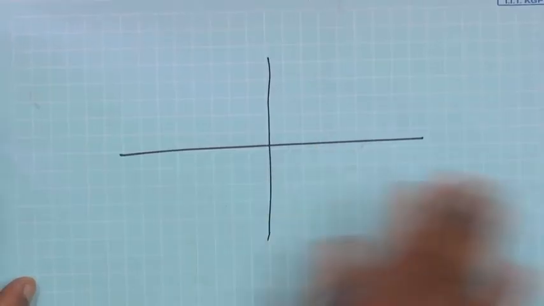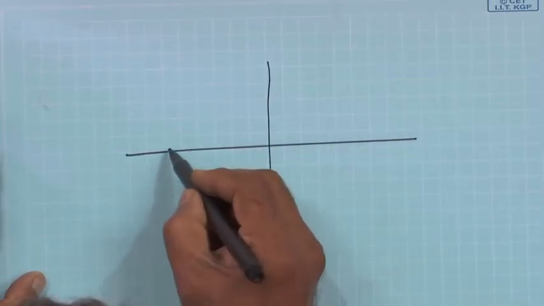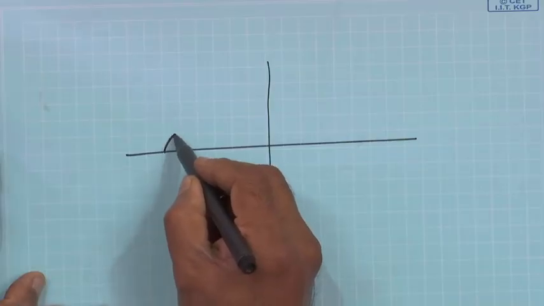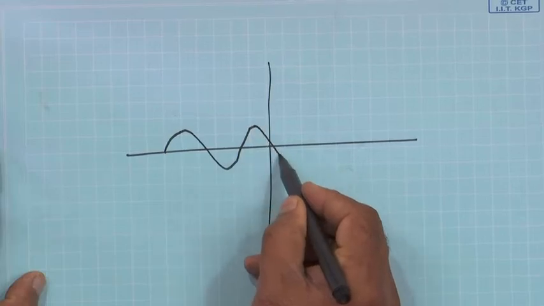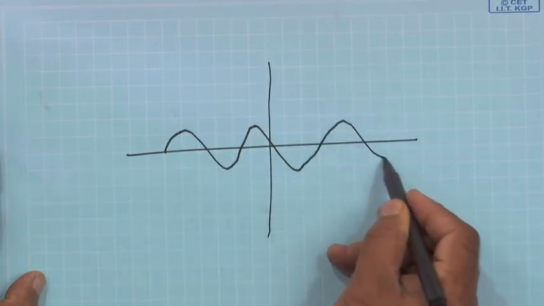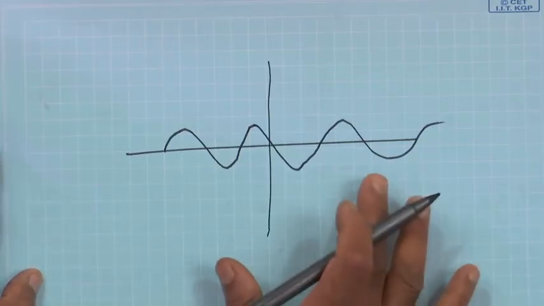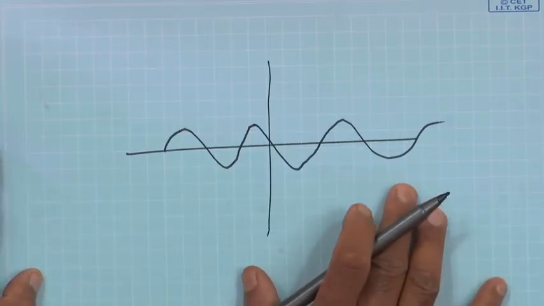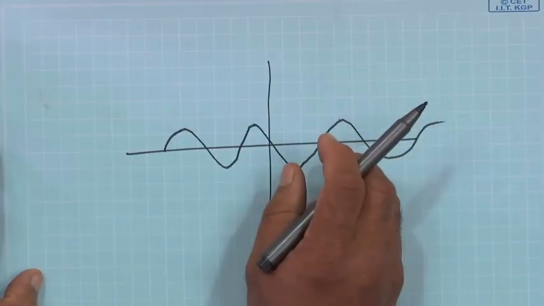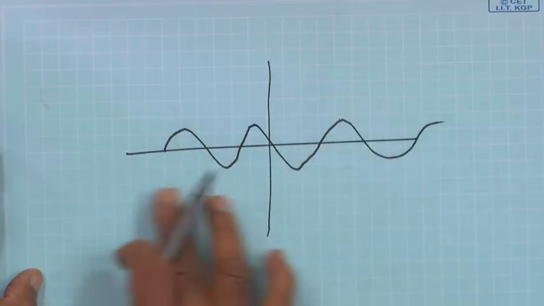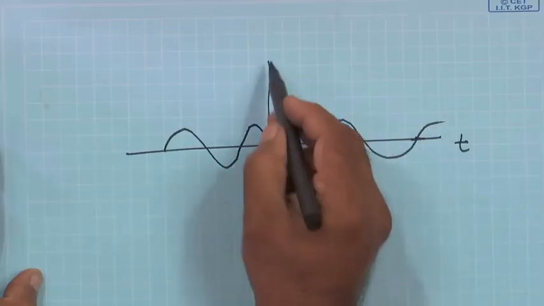If I want to measure this signal, its frequency means the x axis will be the time scale and the y axis will be the voltage scale.